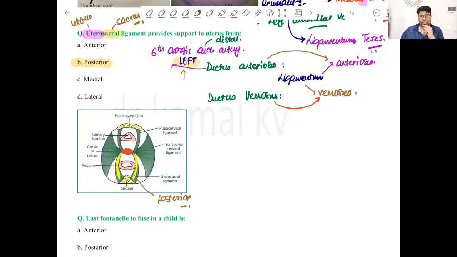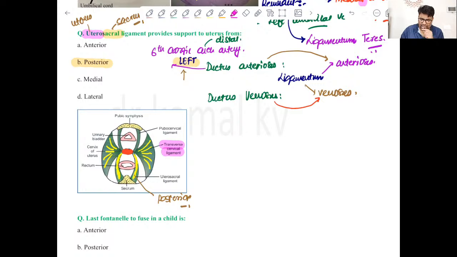And in terms of the structures which are stabilizing or supporting the uterus, you can see the transverse cervical ligament, which is also known as the Mackenrodt's ligament, right? So this is very important here. This one is the main structure which actually supports the uterus. Yes, Pranav, you are absolutely right, this is posterior.